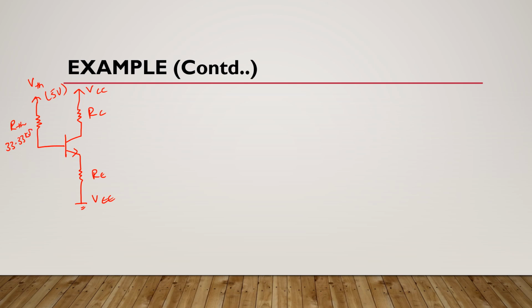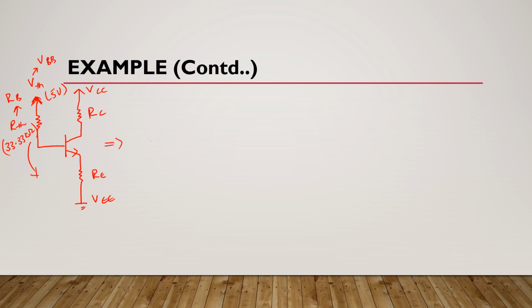We can say that this VTH is VBB and this RTH is RB in this modified circuit, and I can connect this terminal here. How?